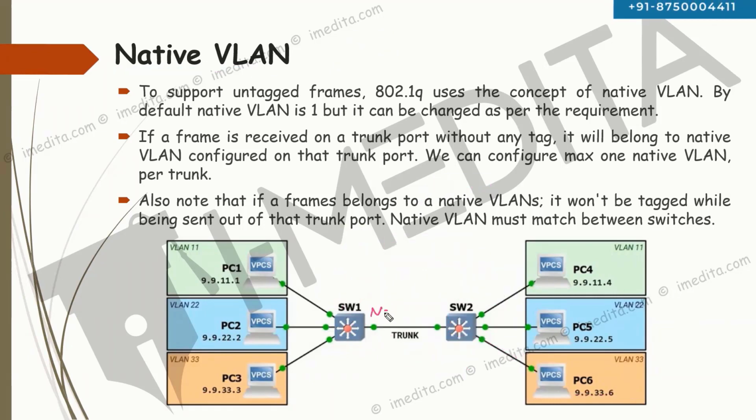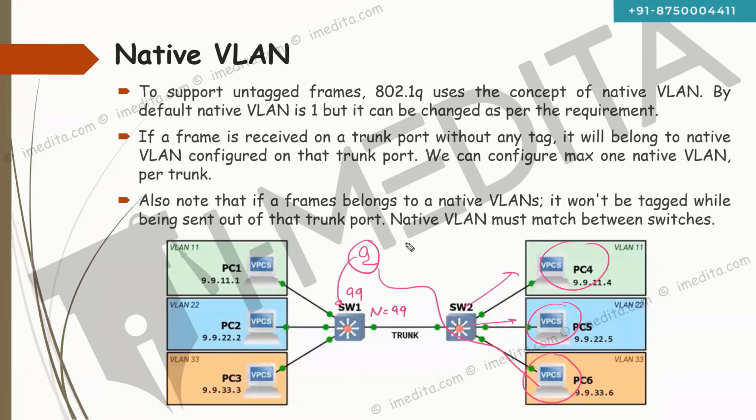If I have configured VLAN number 99 as the native VLAN and the attacker comes to know about it, the attacker will connect itself onto a port that belongs to VLAN 99, and it will be able to perform some sort of attacks towards your devices. The attacker will just generate the traffic and tag that traffic with a VLAN membership, such as VLAN 22. Traffic will arrive here. This port is an access port, belongs to VLAN 99.